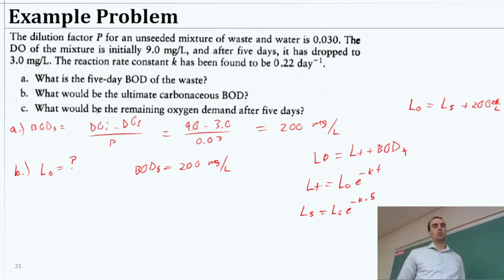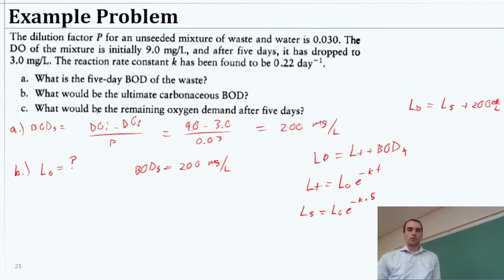So we know L5 in both cases, and now we have two terms with L5 in it. So with that, we should be able to substitute and put one in terms of the other, and then solve for L naught.